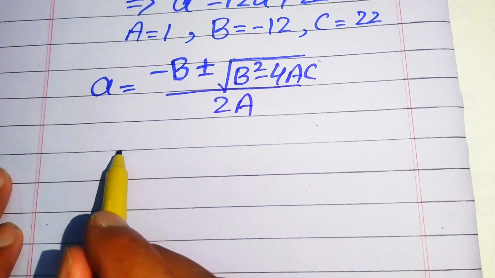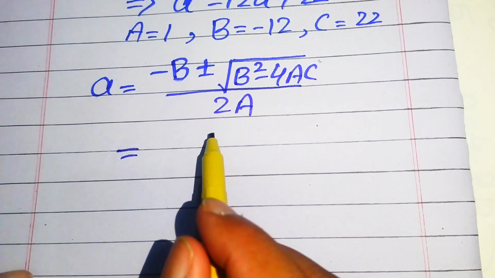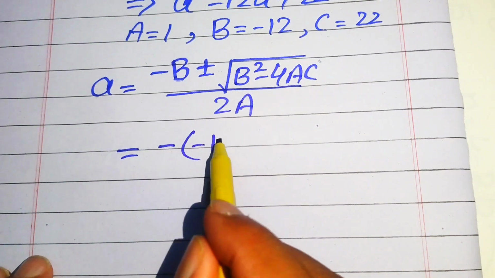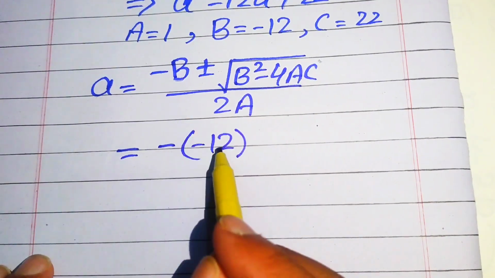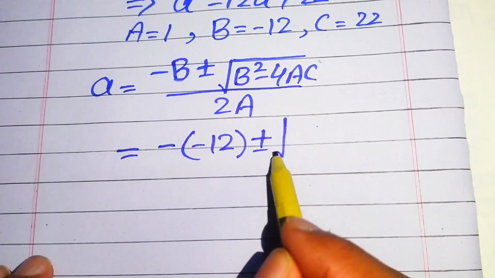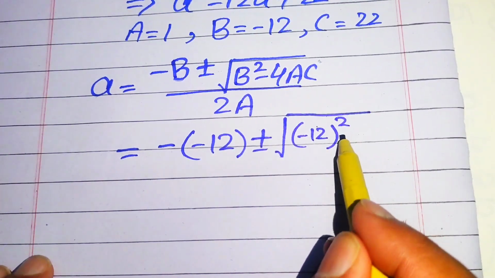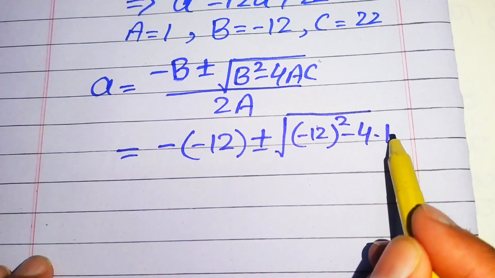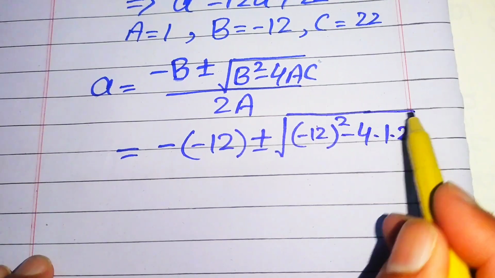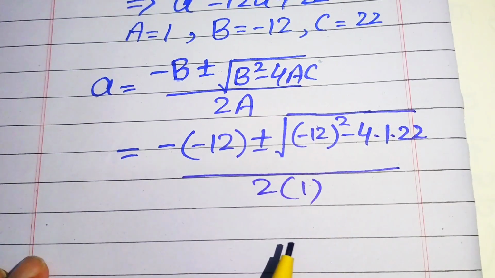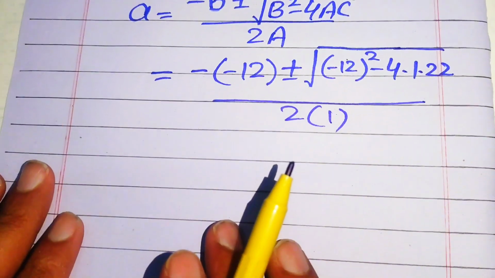So here we substitute the values of a, b and c. We have minus b, and the value of minus b is minus 12, plus minus square root of b square, so b is minus 12 square, minus 4 times a which is 1, and c which is 22, and this whole is divided by 2 times a, and the value of a is 1.